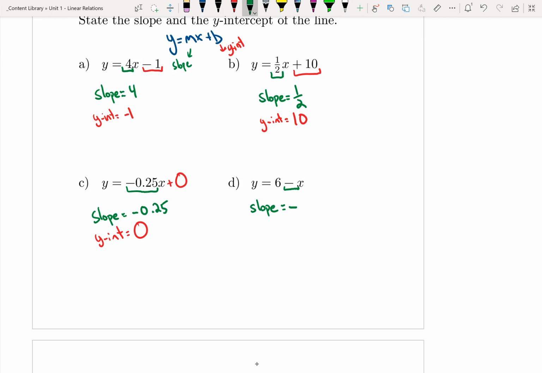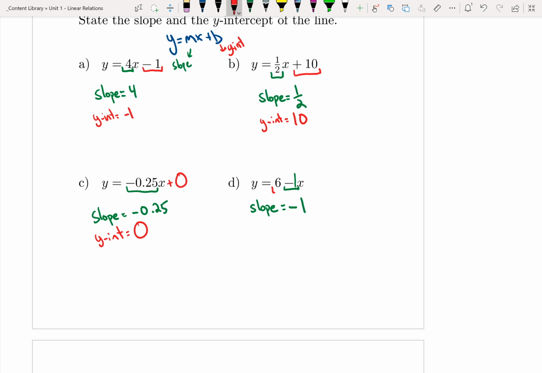Because m is multiplied by x, that means there's an invisible number here that's being multiplied with x. The only number that has to be there, because it doesn't change anything if you remove it, would have to be 1. Right? 1 times anything is just the number itself, so that's why we don't often see it. So that means my slope is negative 1.